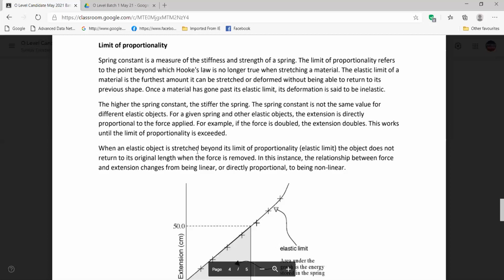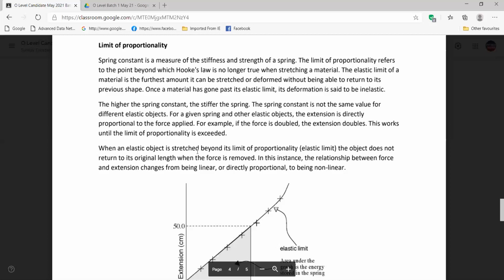Now the second sentence. A spring constant is not the same for different elastic objects. Even if you are taking two springs of the same material, you will get different spring constants.